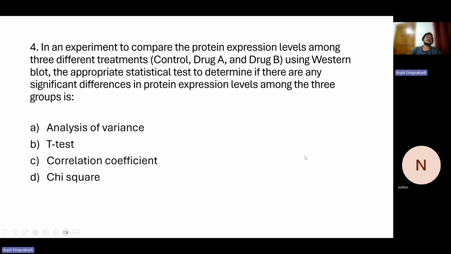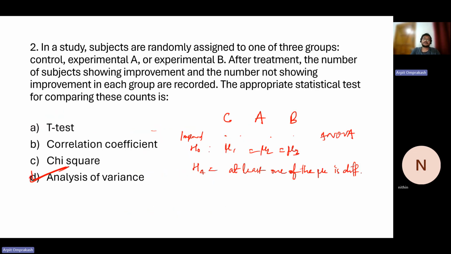The next question is, in an experiment to compare the protein expression levels among 3 different treatments, control, drug A and drug B, using Western blot, the appropriate statistical test to determine if there are any significant differences in protein expression levels among the 3 groups is dash. So again, here we have a very similar situation to the one in question number 2.